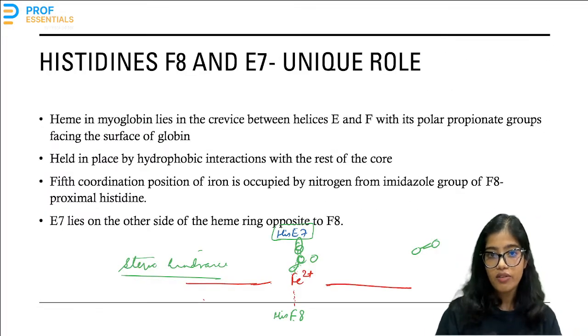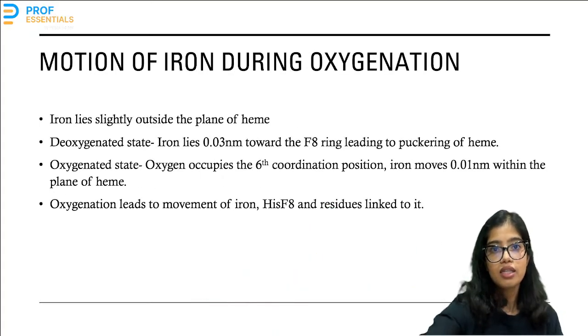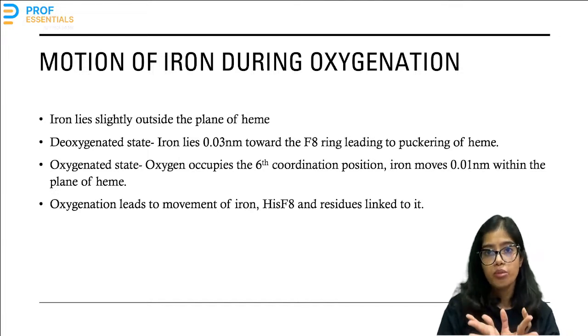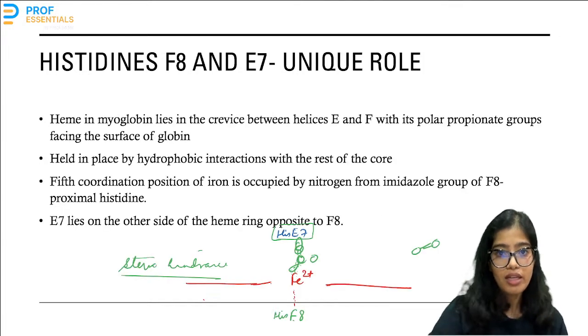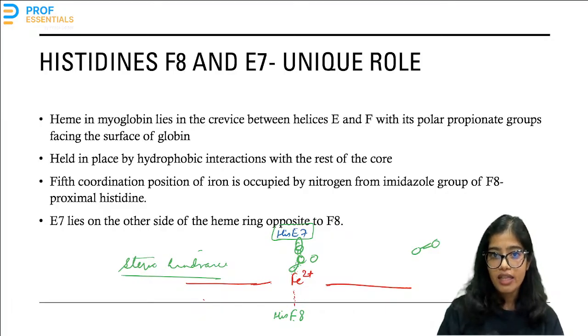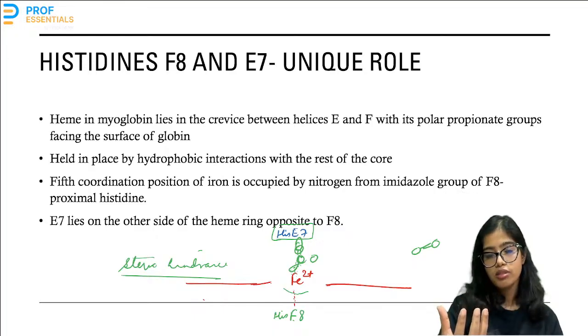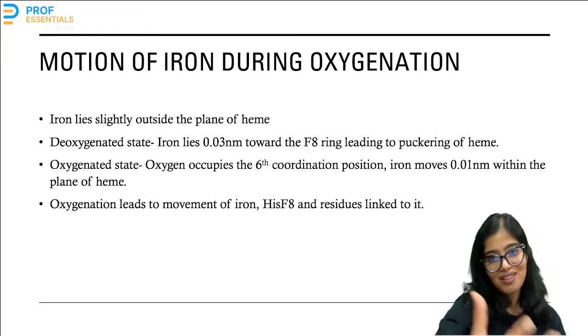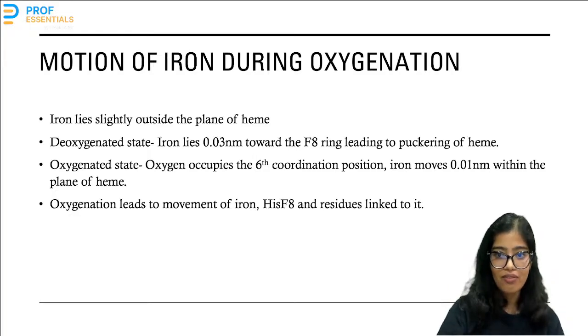Now, we remember how we discussed that iron is slightly outside the plane of heme. How much outside? 0.03 nanometers, towards the F8 ring, that is, slightly below. Why is it so?